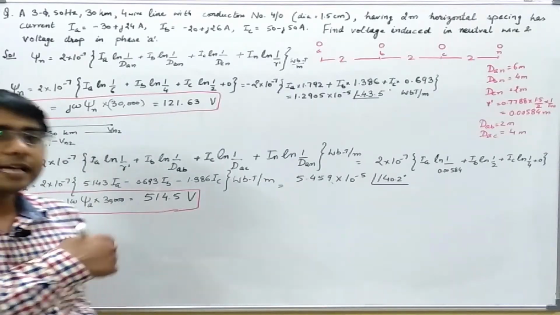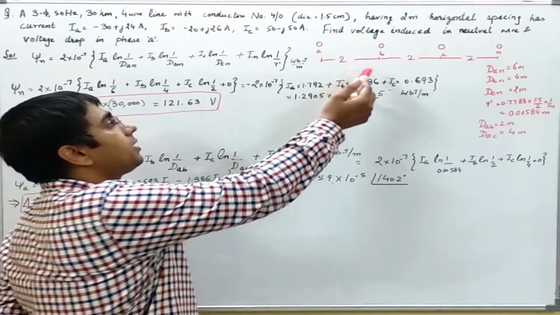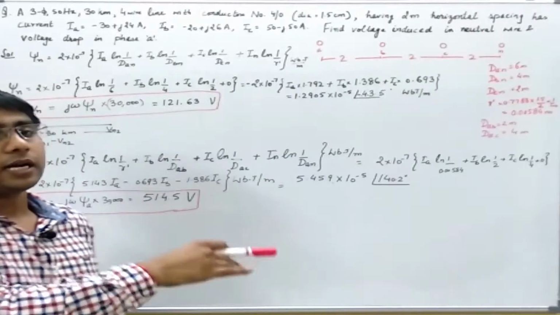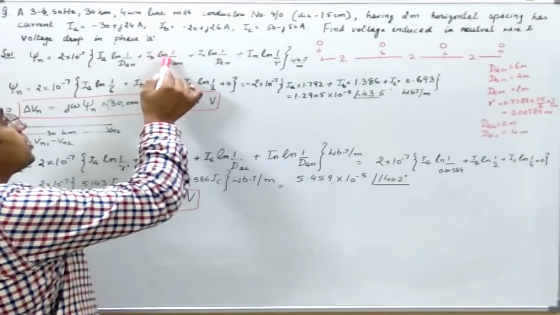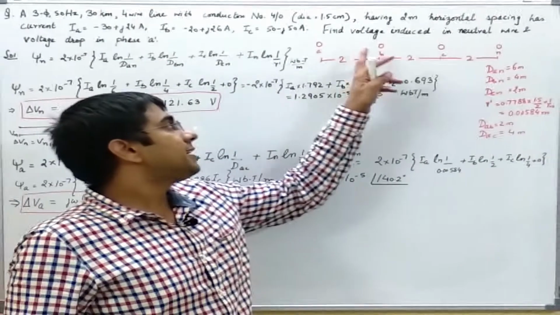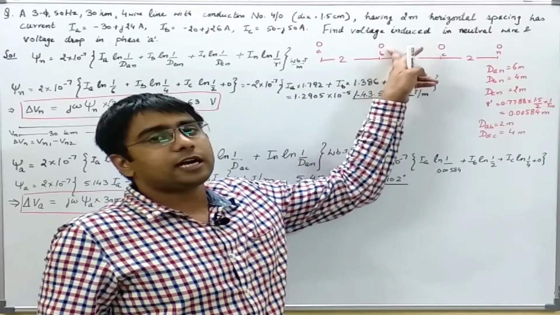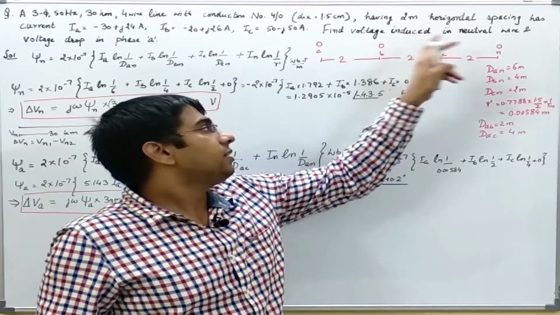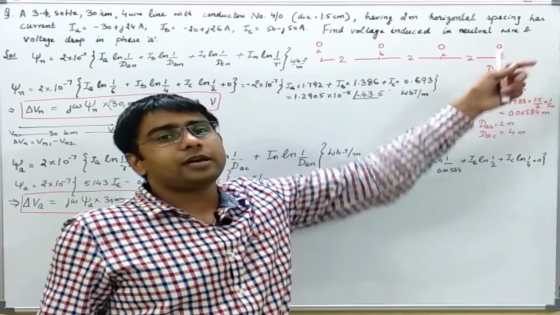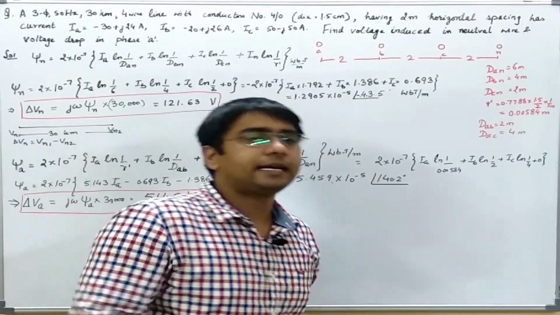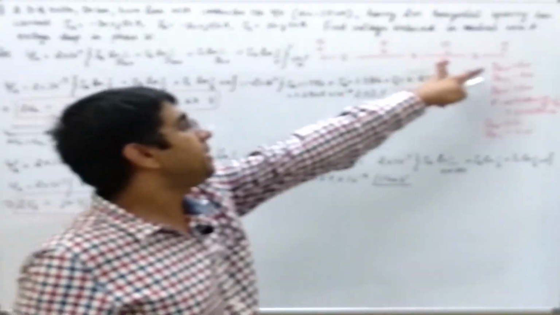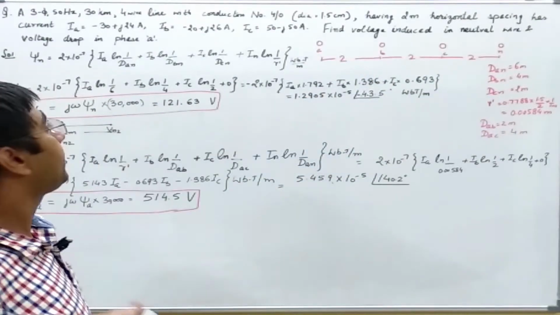Similarly, I will take the second conductor, that is conductor B, with current IB into natural log 1 by the distance between the conductor carrying the current and the conductor for which we are calculating the flux linkages. So the distance will be dBN, which is just 4 meter.